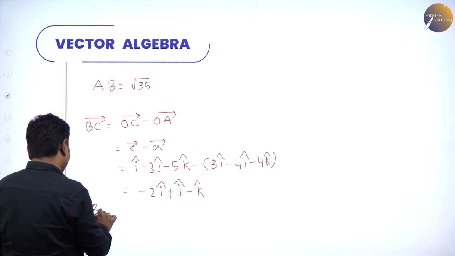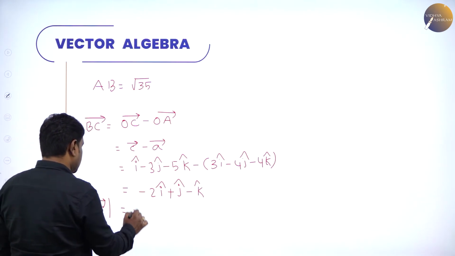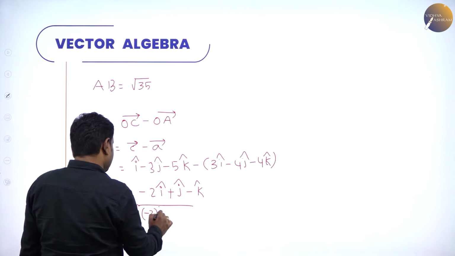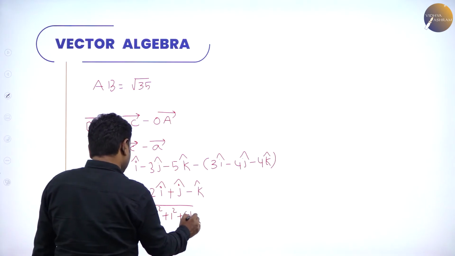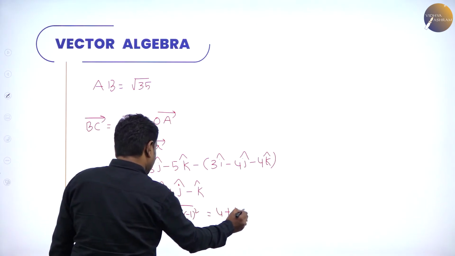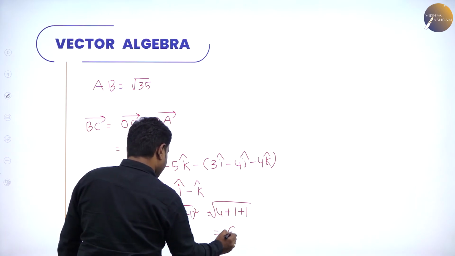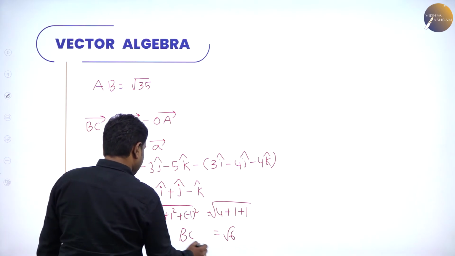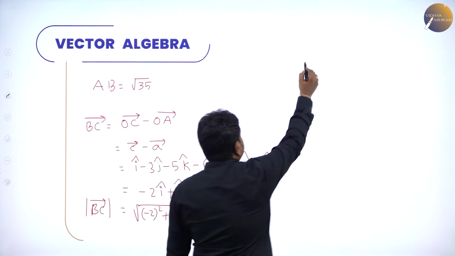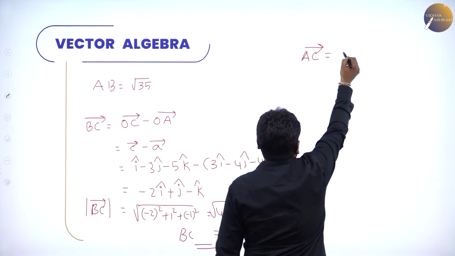Now we find the magnitude. That will become root of minus 2 the whole square plus 1 square plus minus 1 the whole square, that is 4 plus 1 plus 1, that is root 6. This is the side, vector AC. How to find vector AC?